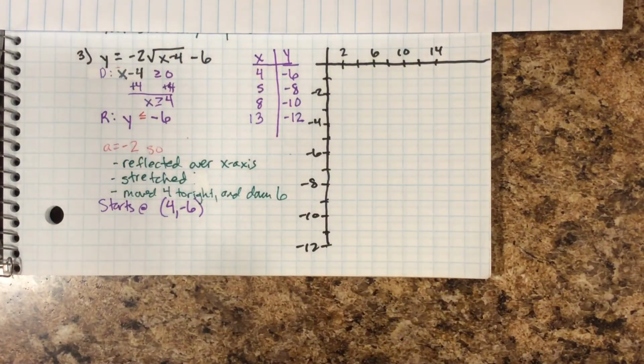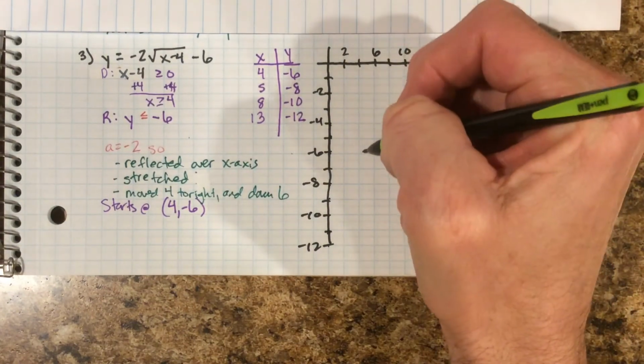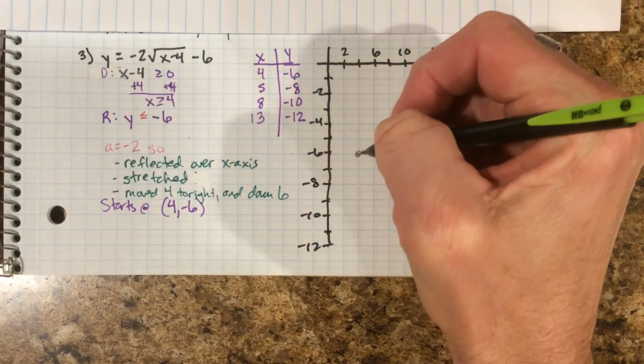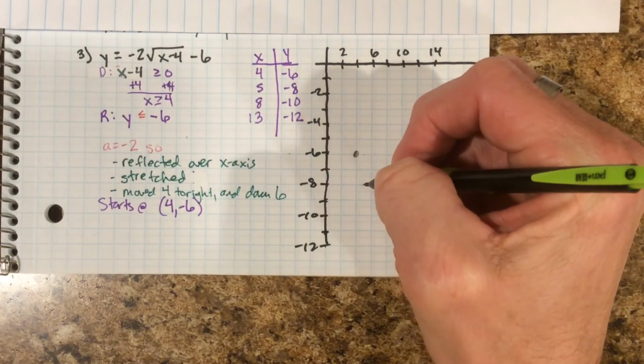All right. I've got my ordered pairs. I've got my graph. My first point is at +4, -6. My second point is at +5, -8.